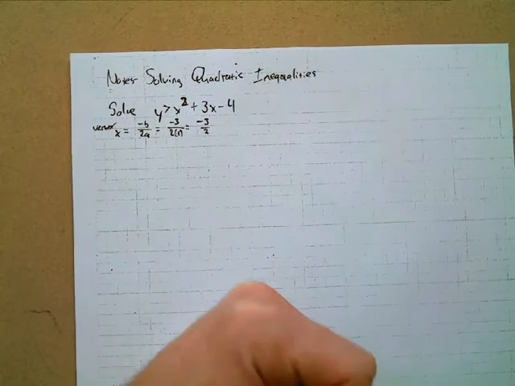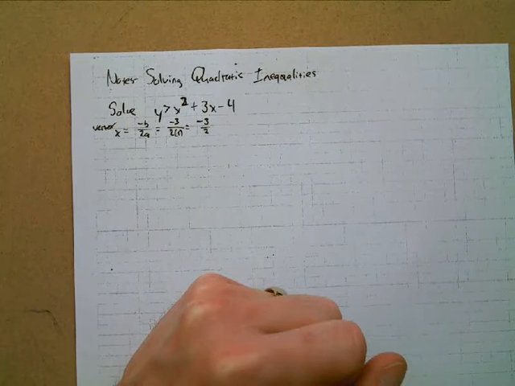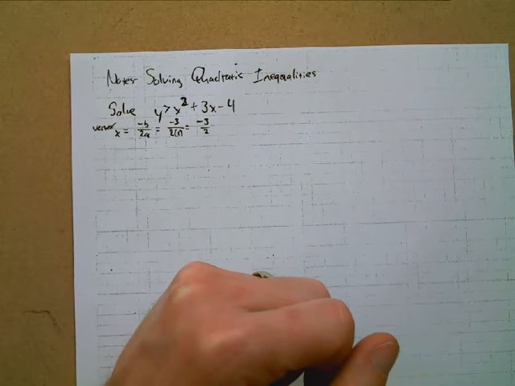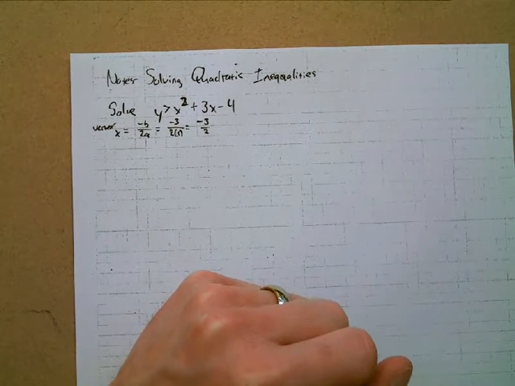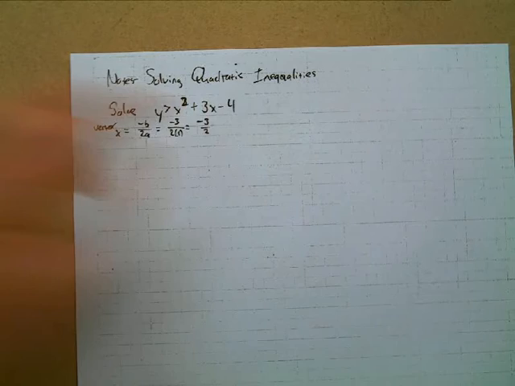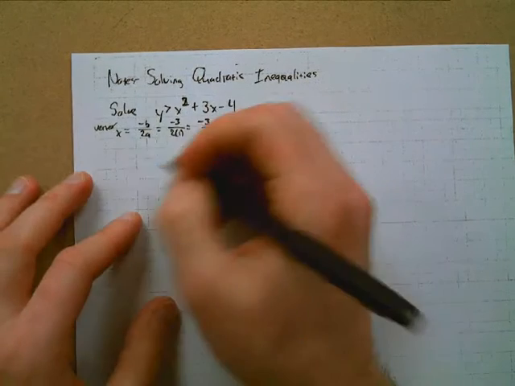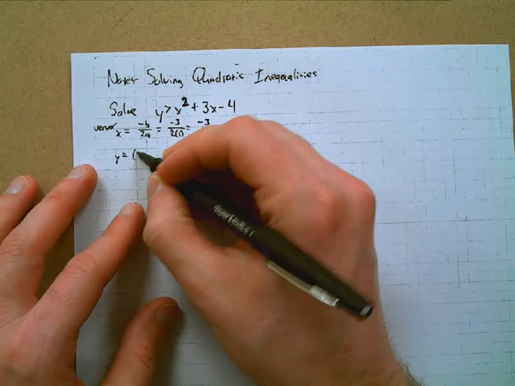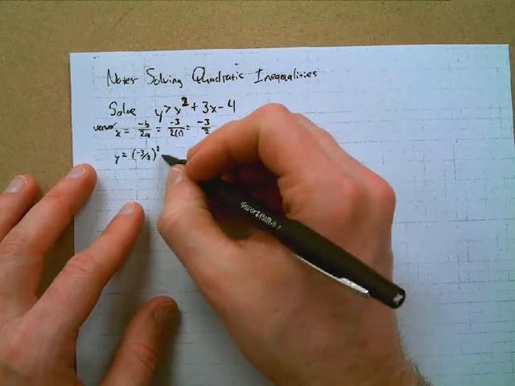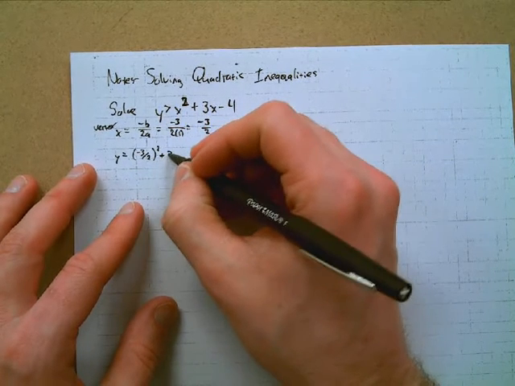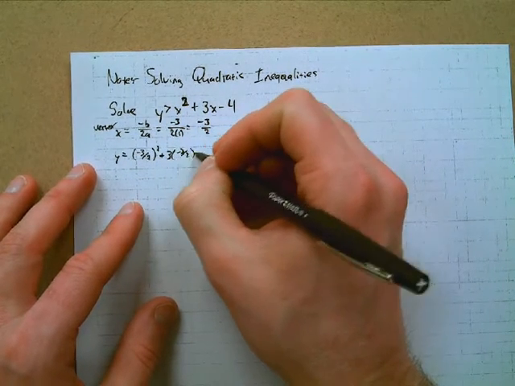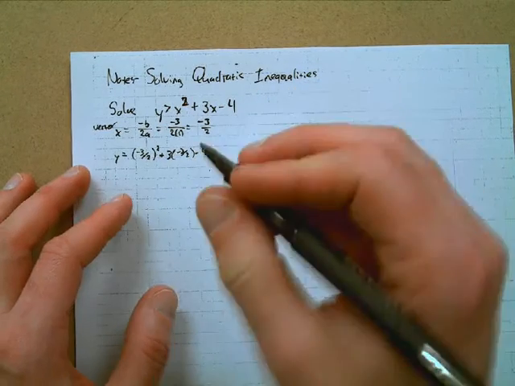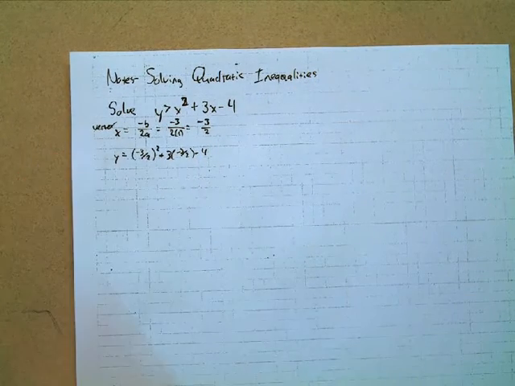Okay. And then we'll also plug that into the inequality to figure out what the matching y coordinate would be. So y is going to be negative 3 over 2 squared plus 3 times negative 3 over 2 minus 4. I'll just use my calculator for this one.